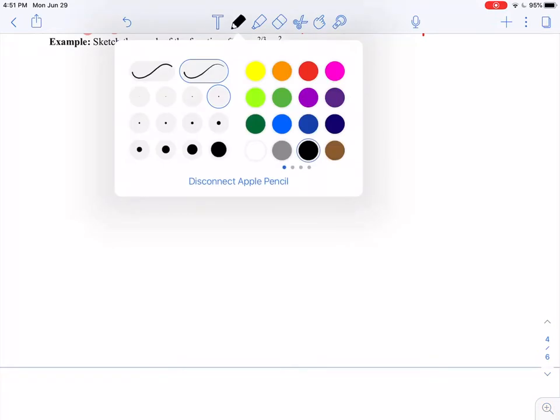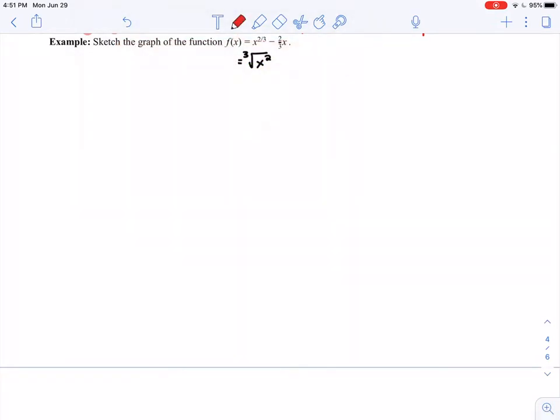If you want to start this problem off like we did in the last example, it might be helpful again to have all of the derivatives worked out so that we don't have to worry about finding them later. So I'm going to find my first derivative here. The way this is written is actually pretty nice. We don't need to rewrite it or do anything weird with it. We can just use our power rule.